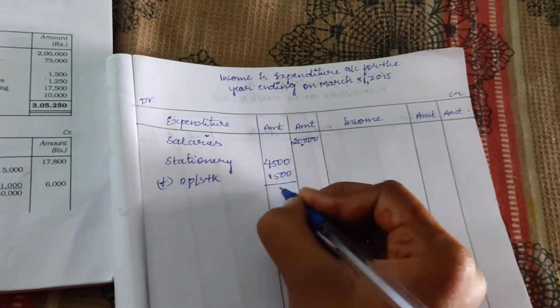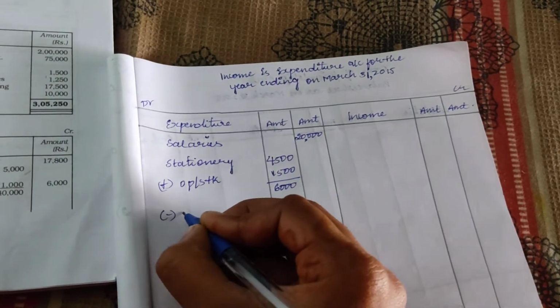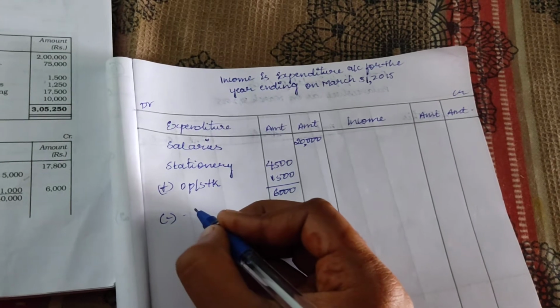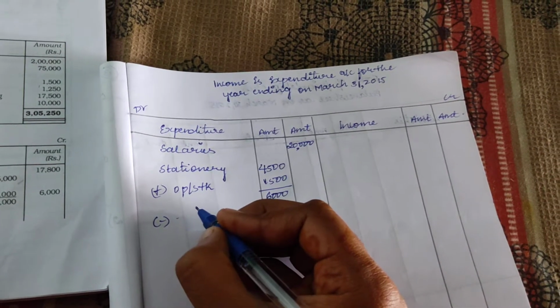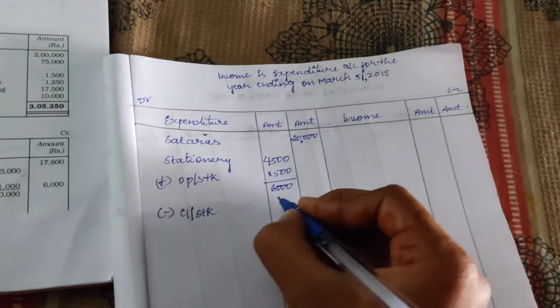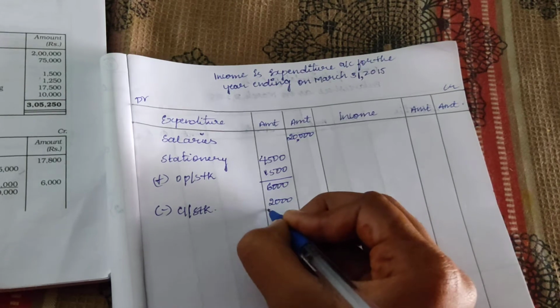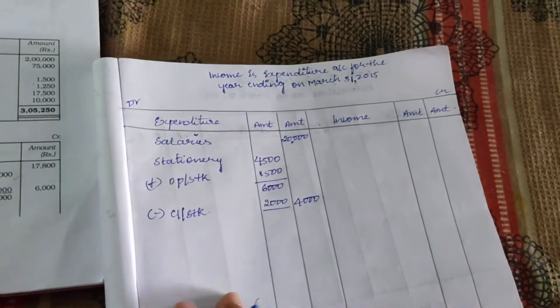So when we add this, it comes to 6,000. And in the same line, they have given the 2,000 for March 31st, 2016. So that is the closing stock. We have to deduct it, 2,000. So when we deduct it, it comes to 4,000. So this is about stationery.